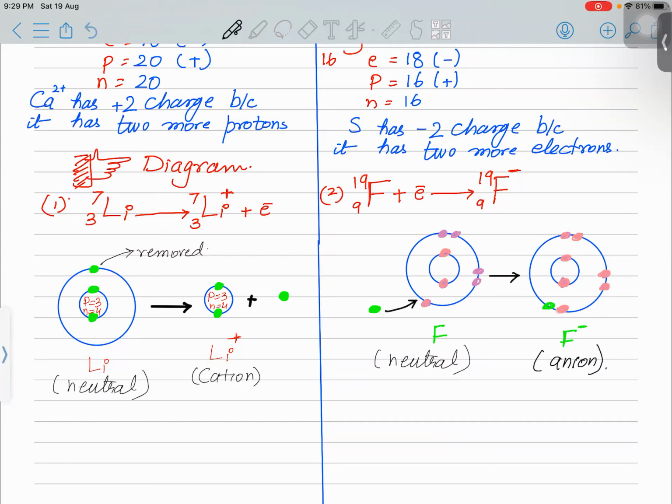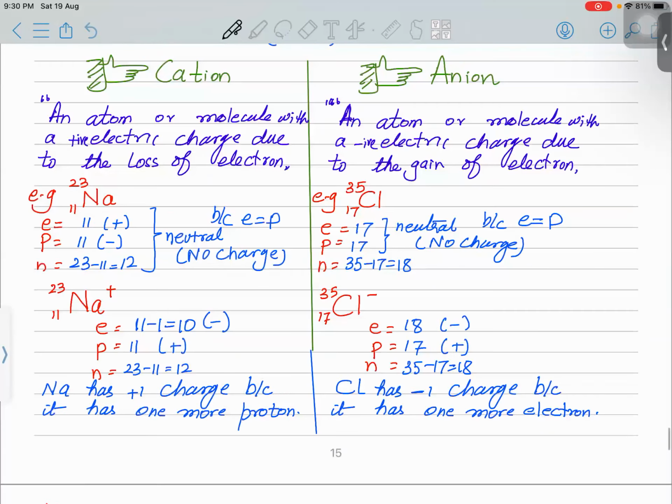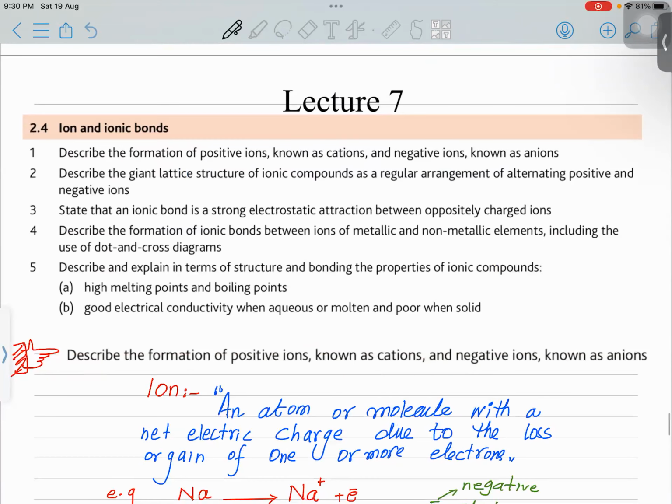Okay, next topic is to describe the giant lattice structure of ionic compound as a regular arrangement of alternating positive and negative ions.